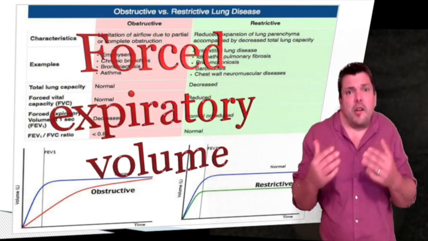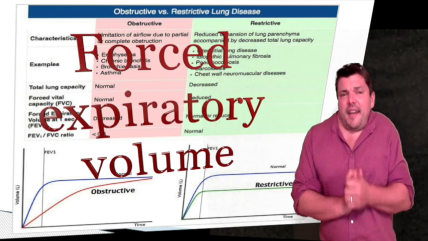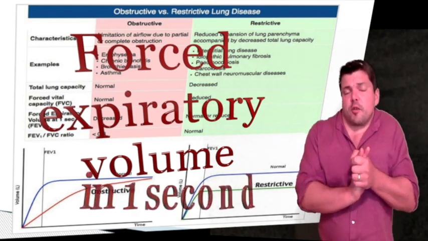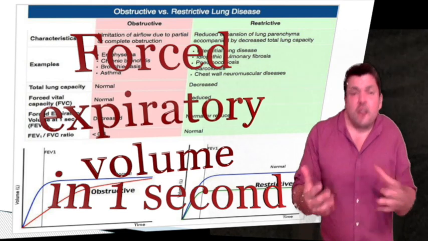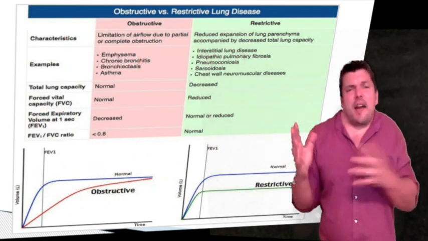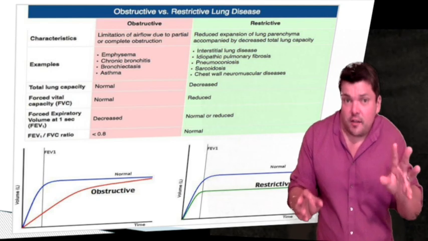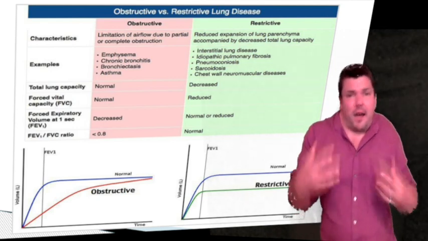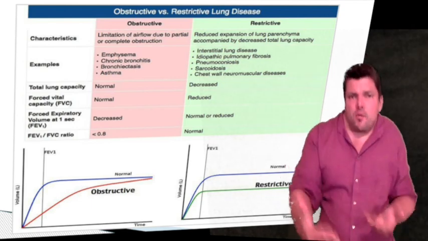A common clinical tool is the forced expiratory volume and forced expiratory volume in 1 second. In your med-surg class, you'll discuss and consider how these 2 numbers would be different in obstructive versus restrictive diseases. My goal right now is just to introduce you to them so it's not brand new knowledge later on.